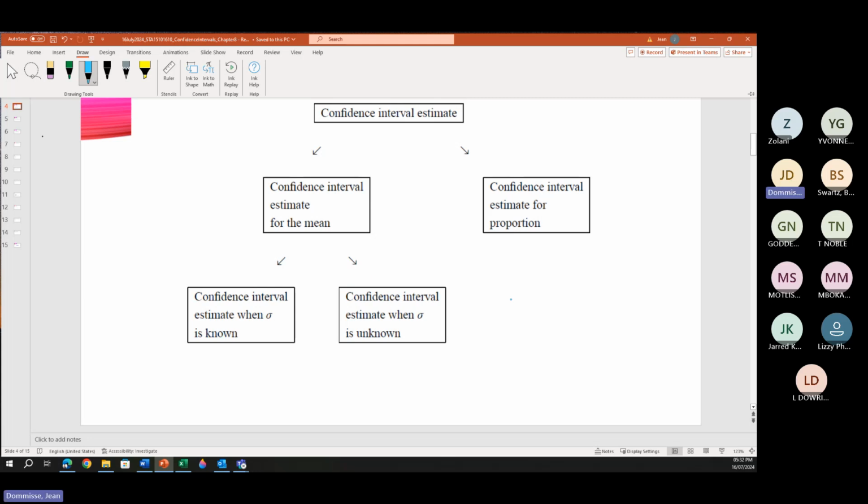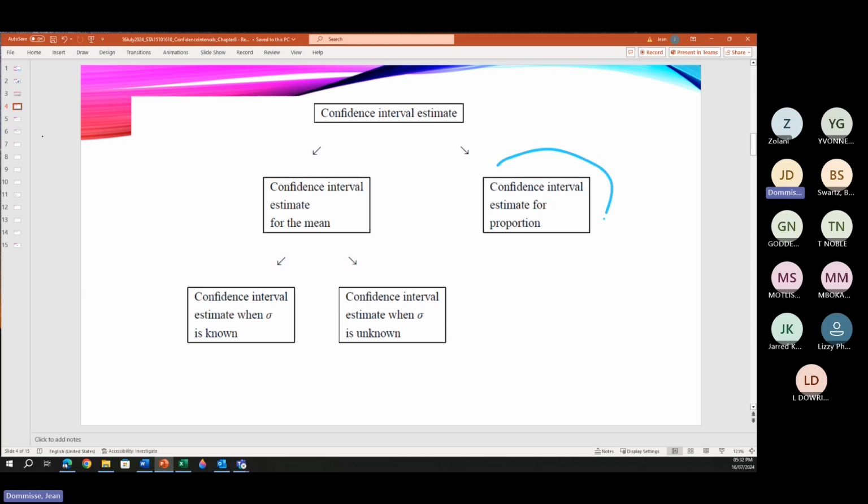The easier one is always the proportion, because that one can directly see, and you will see from the questions as well. Mostly they say proportion, but you will also see in the information that they share with you in the question. Very, very easy to identify the proportion question versus the other 2. Okay, so the other 2 is around the confidence interval when we need to estimate for the mean.